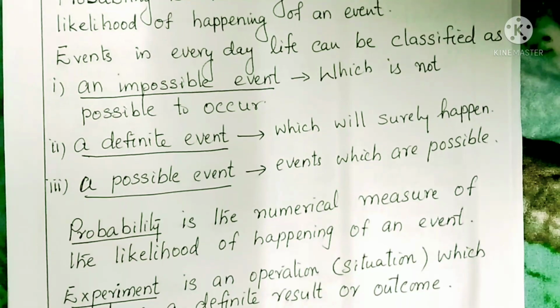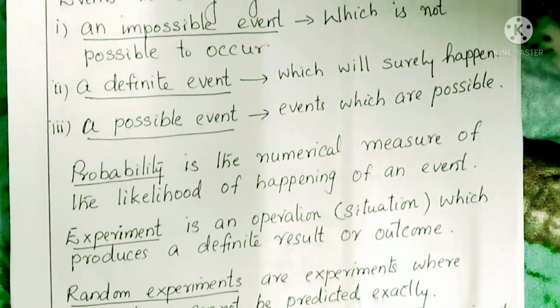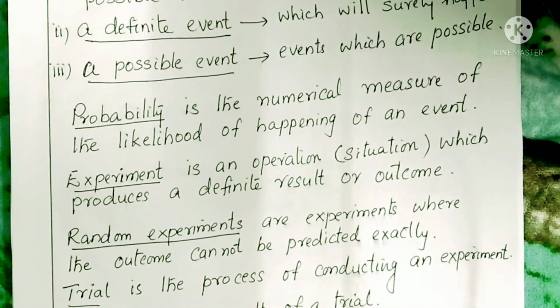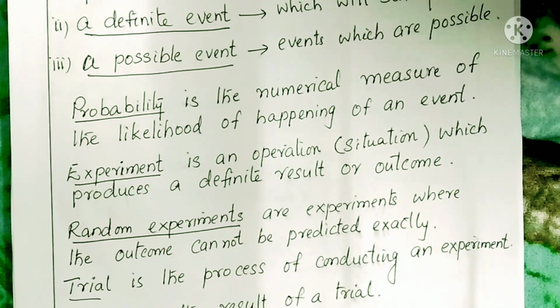Now, there are certain terms related to this probability. Let us quickly go through those terms. I think we have done a little bit in class 7, but still we will revise and discuss. Just now we discussed throwing or tossing a coin.